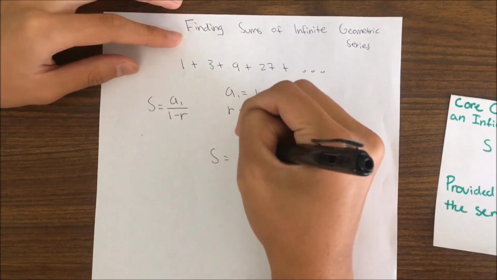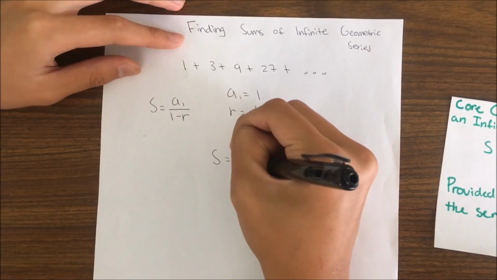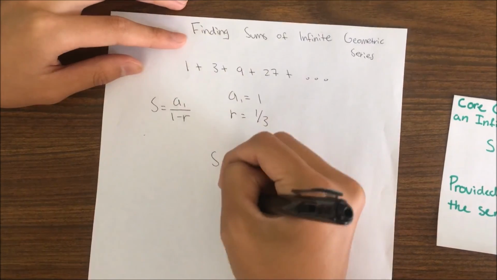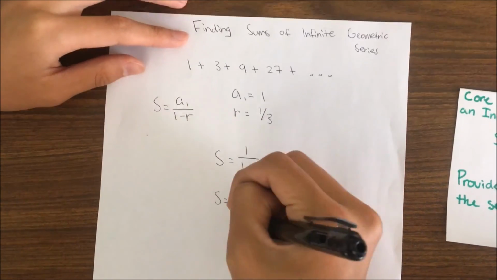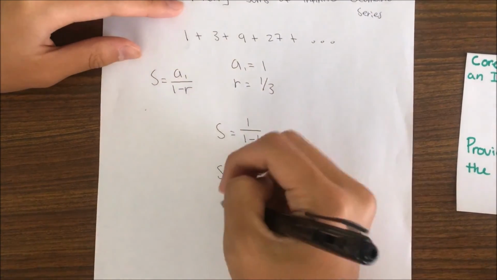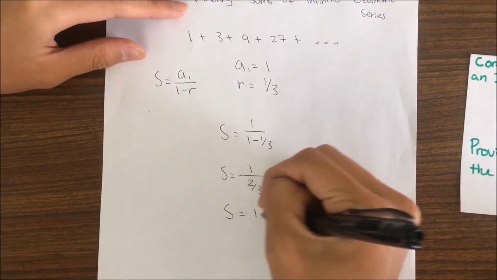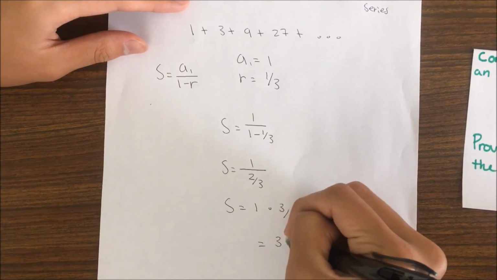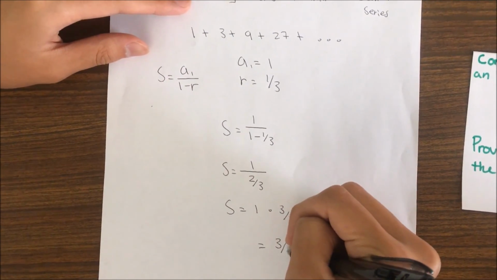So S is 1 divided by 1 minus 1/3, which is 1 divided by 2/3. S is 1 times 3 divided by 2, which is 3 over 2.